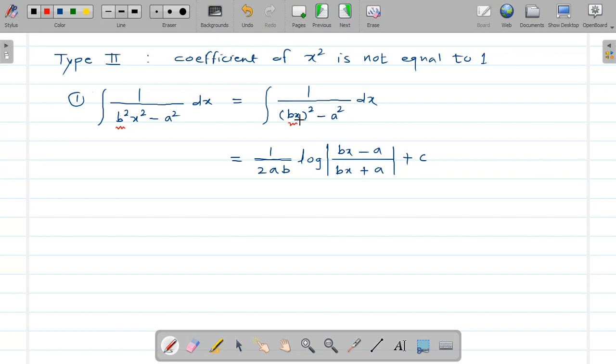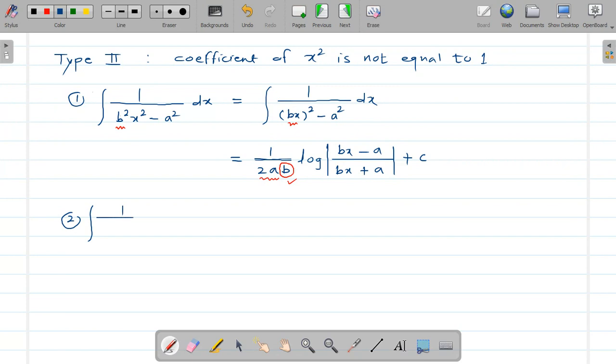So we get the answer, that is 1 upon 2a into log of modulus of (bx minus a) upon (bx plus a) plus constant, but you have to divide by the derivative of bx, that is b. So here totally we get 1 upon 2ab log of modulus of (bx minus a) upon (bx plus a) plus constant.